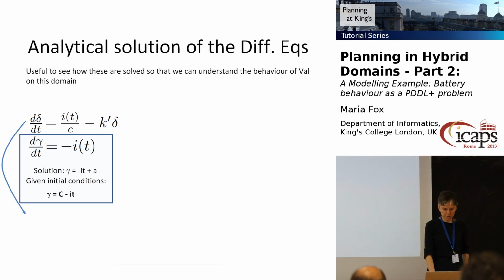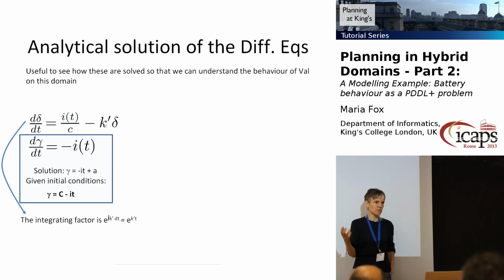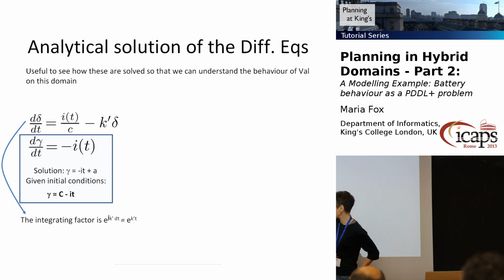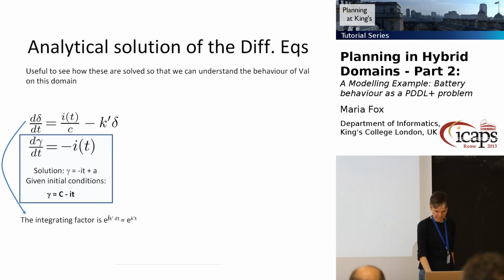For this other one, we need an integrating factor, and this is detailed, but it's necessary because this is how you see what's going on when you look at the VAL report. So the integrating factor is e to the integral of k prime dt, which is e to the k prime t.